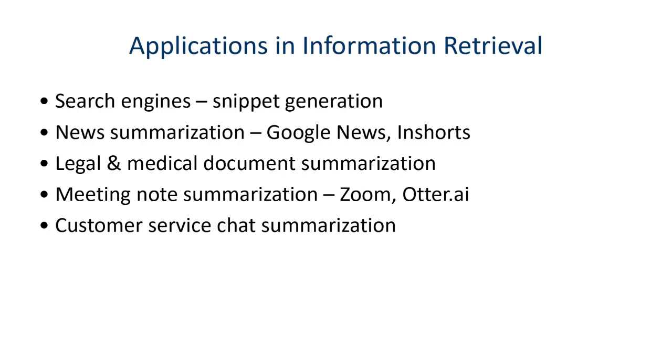It's also used in meeting transcription tools like Zoom's AI Companion or Otter.ai, which can automatically summarize meeting discussions. Customer service systems use it to condense chat conversations for faster resolution. Clearly, summarization has become an integral part of modern informatics and information systems.